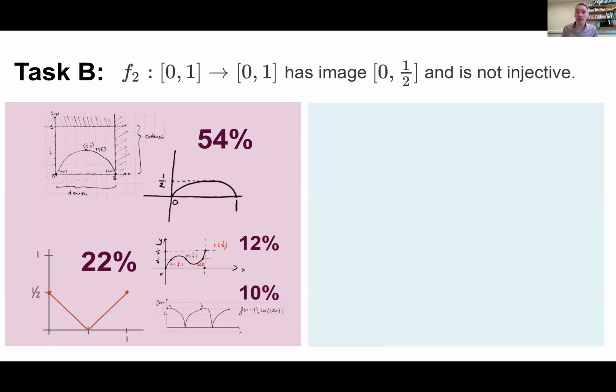And really what we're seeing in the Stack version of the task is that students are being pushed into using this bottom left type of example, so piecewise linear functions, which are apparently not the range of things that they're most comfortable using.